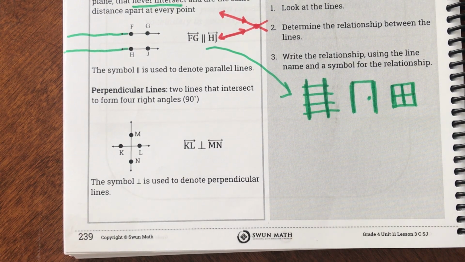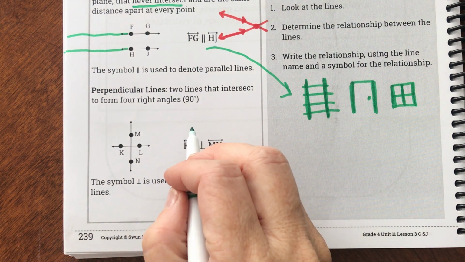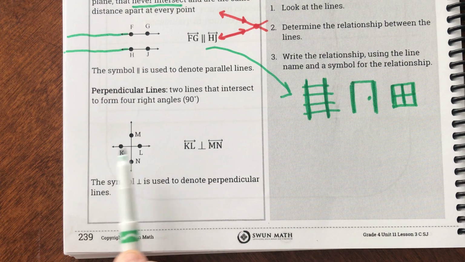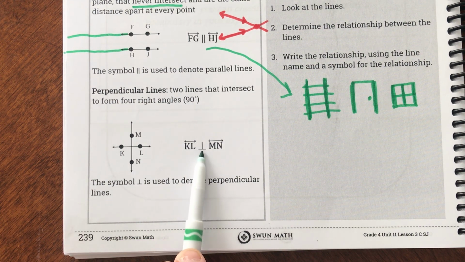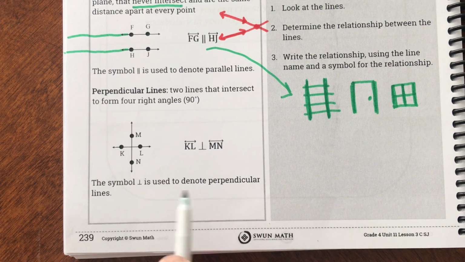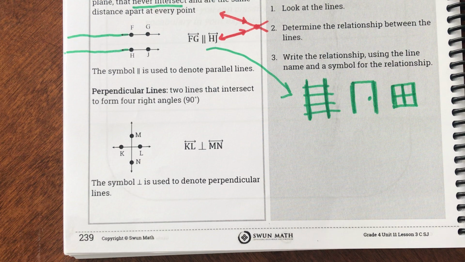Perpendicular lines. Two lines that intersect to form four right angles, which right angles, remember, are 90 degrees. So this says line KL, which is this one, is perpendicular to line MN. So when those two lines touched, they created perfect right angles.